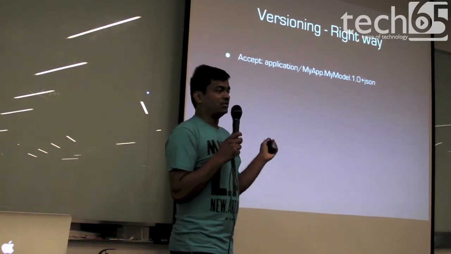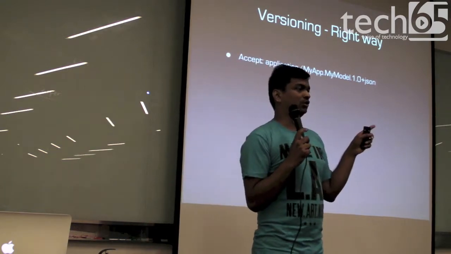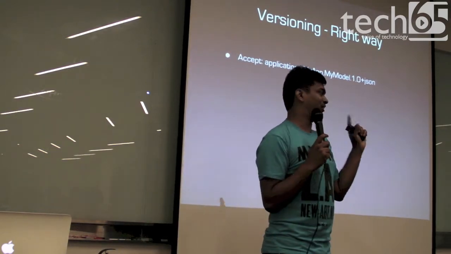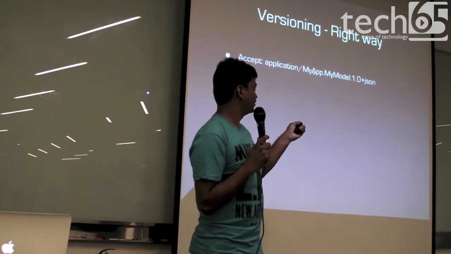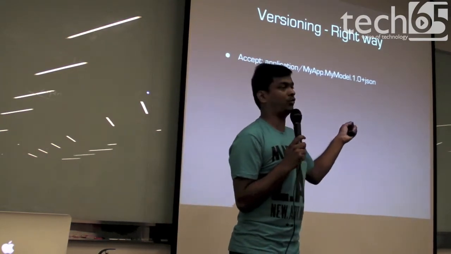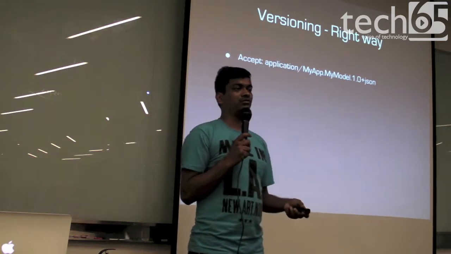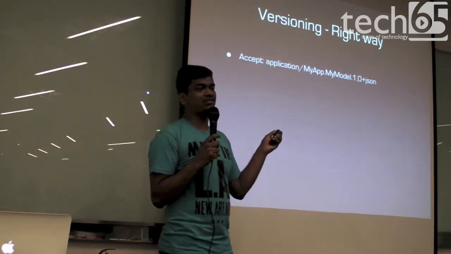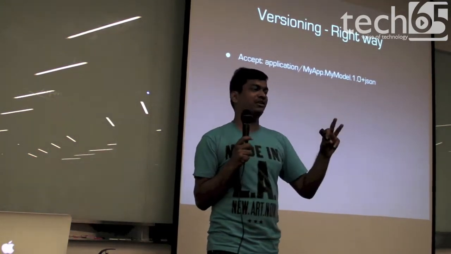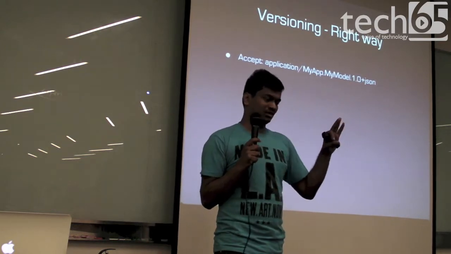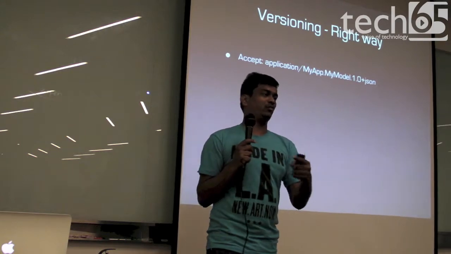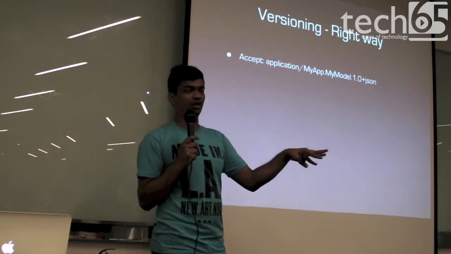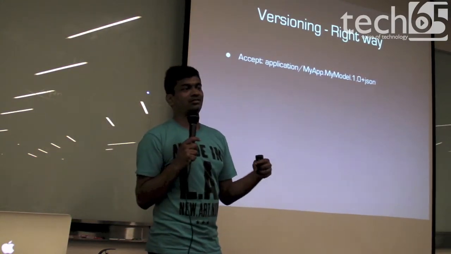Similarly, when you want the server to know that you accept only venue model 1.0, you say something like application/foursquare.venue.1.0+JSON. So when the server sees it, it should instantiate venue model 1.0, fill in whatever information is available for that model from the database, and send it.